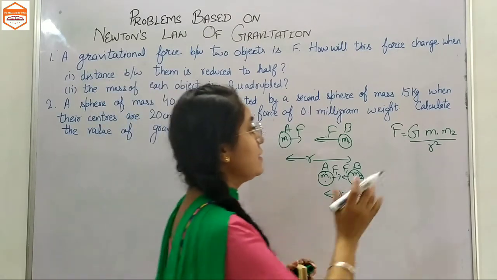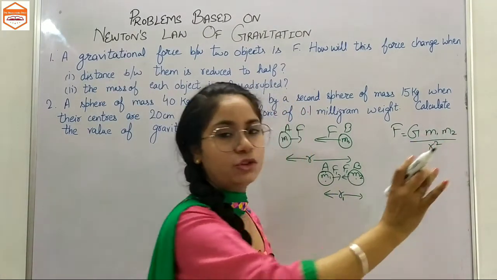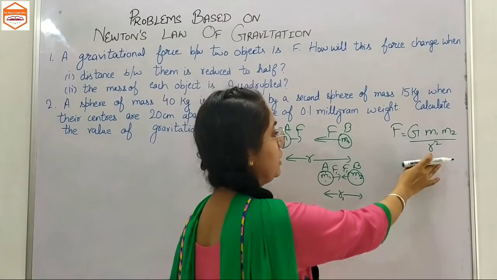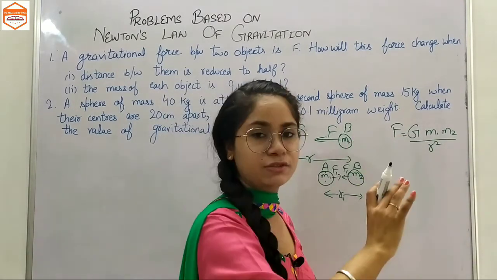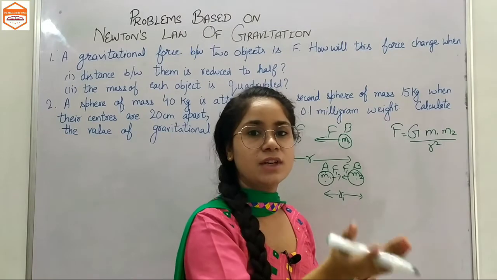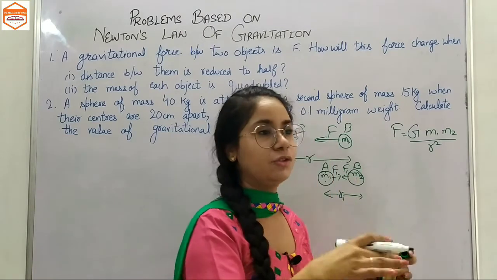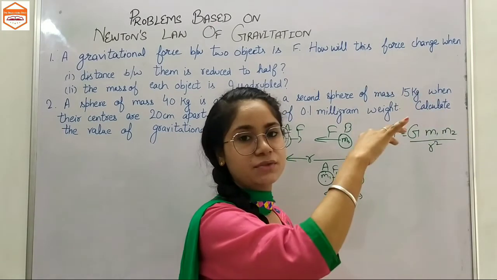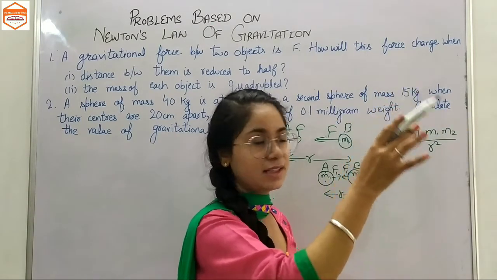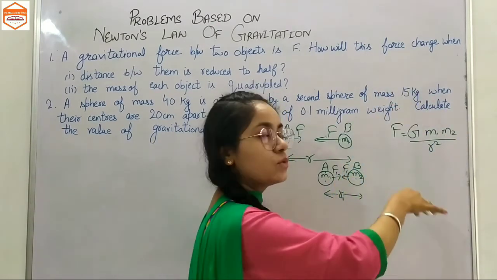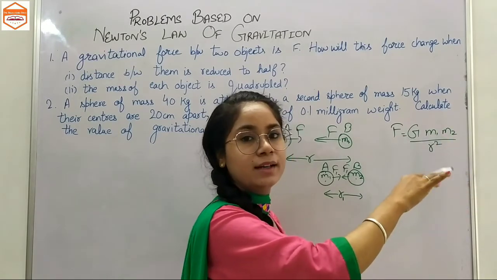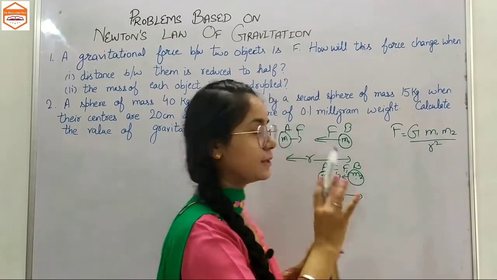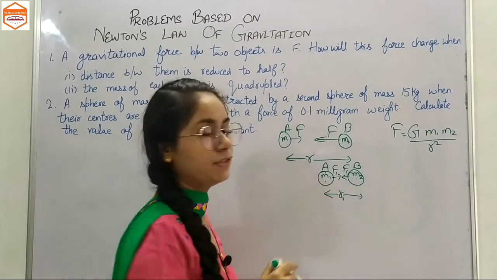Let us assume we had the value 4 for the distance, so there would be the value of F. If the distance is reduced to half, that means the 4 has become 2. There is 2 squared. In the previous one, there was 4 squared, that would be 16. In this one, 2 squared would be 4. Of course, there would be a change in force. So here is F1.